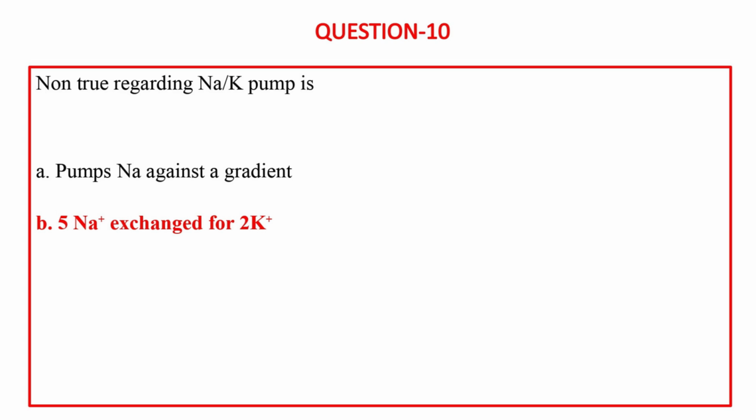Naturally, 3 sodium ions come out of the cell and 2 potassium ions move inside the cell. So 3 sodium are exchanged for 2 potassium. The non-true option regarding the sodium-potassium pump is B, 5 sodium exchanged for 2 potassium, because it's only 3 sodium which is exchanged for 2 potassium.